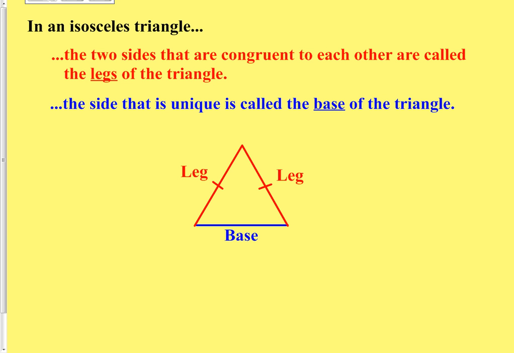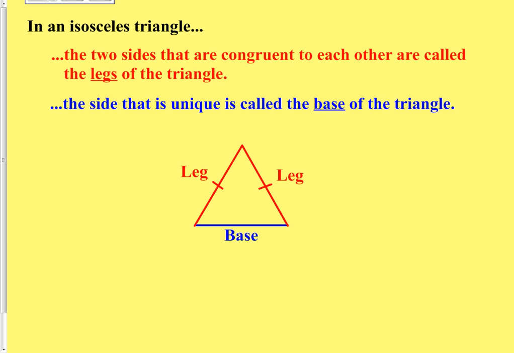Now, different vocabulary goes along with the idea of an isosceles triangle, and we catch a lot of special properties inside of isosceles triangles, so it's important to get a good grasp on the vocabulary. Now, the two sides that are congruent to each other in the isosceles triangle are what we call the legs of the triangle, and the one side that is unique is referred to as the base of the triangle.